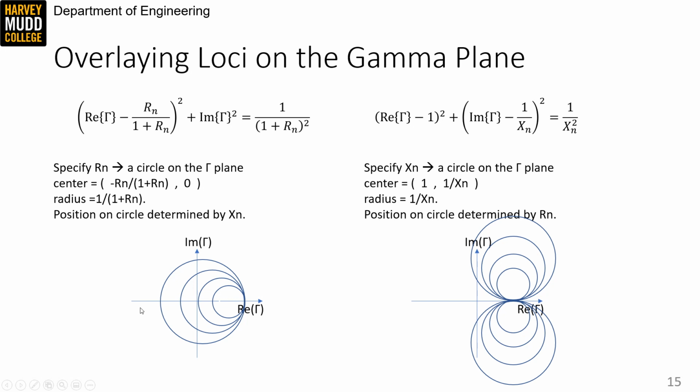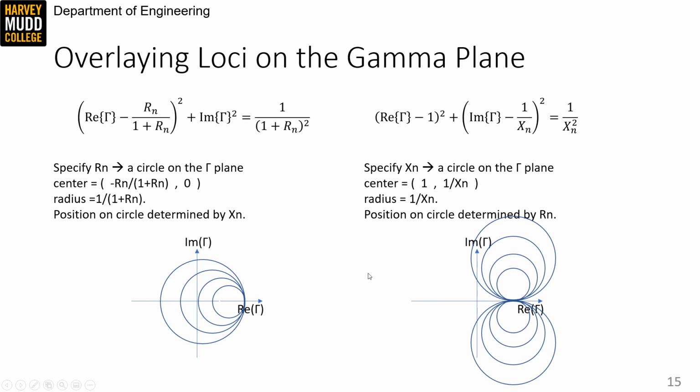The constant reactance circles have some similar behavior. They have a center with a real value of 1 and an imaginary value of 1 over Xn, and the radius is 1 over Xn. Subtracting the radius from the center shows that 1, 0 will be part of this family of circles too, regardless of whether Xn is positive or negative. And I've drawn that as well.